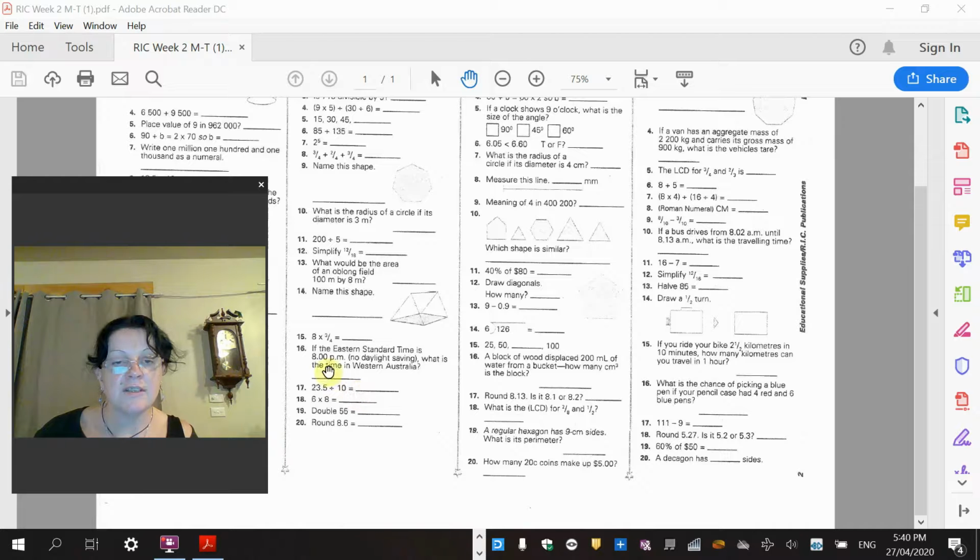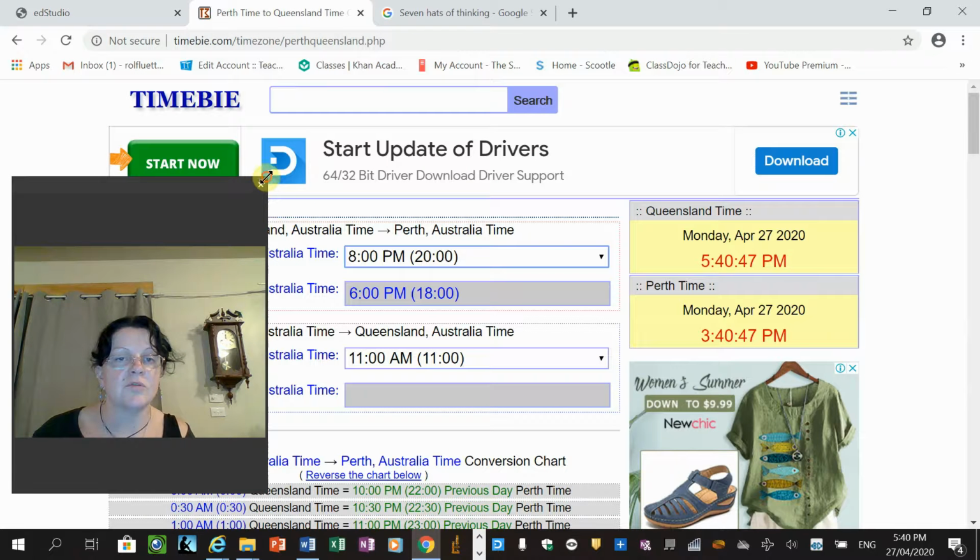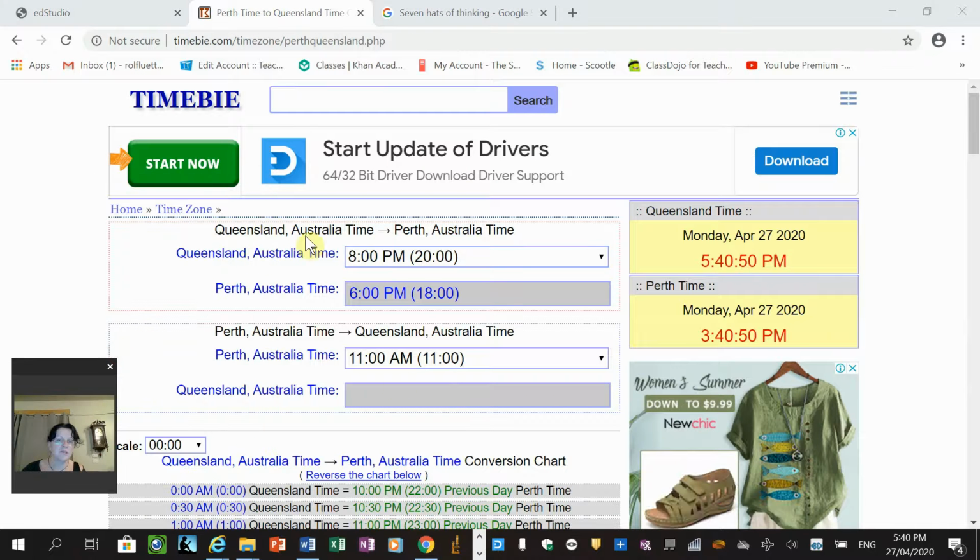Right, the next question says, if the Eastern Standard Time is 8 p.m., no daylight saving in Queensland, what is the time in Western Australia? Now, the easiest way to work this out is I actually put that into a Google search and it gave me a time converter.